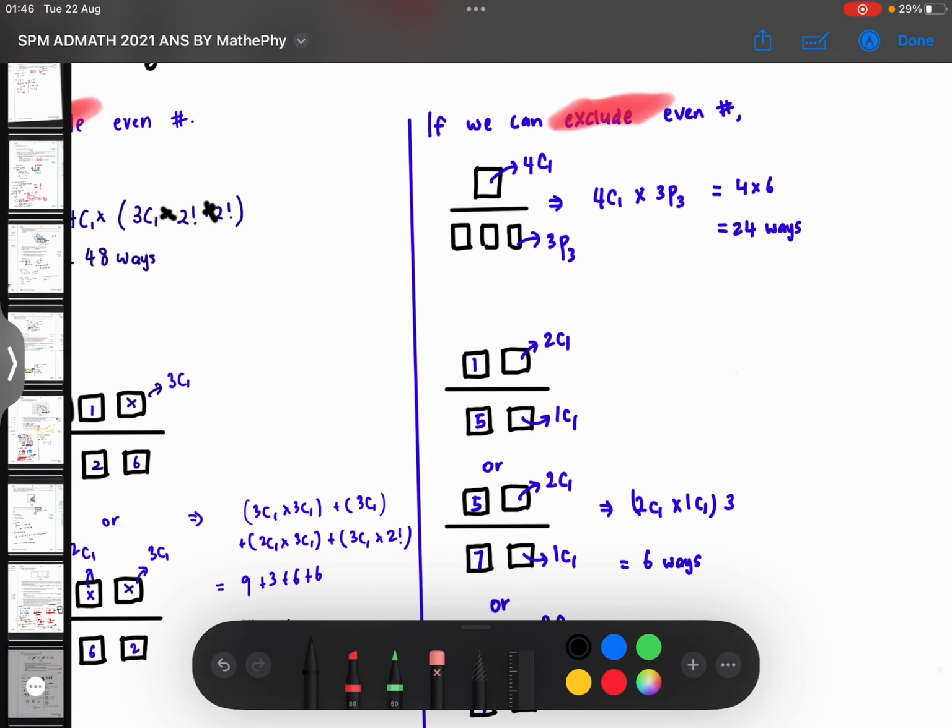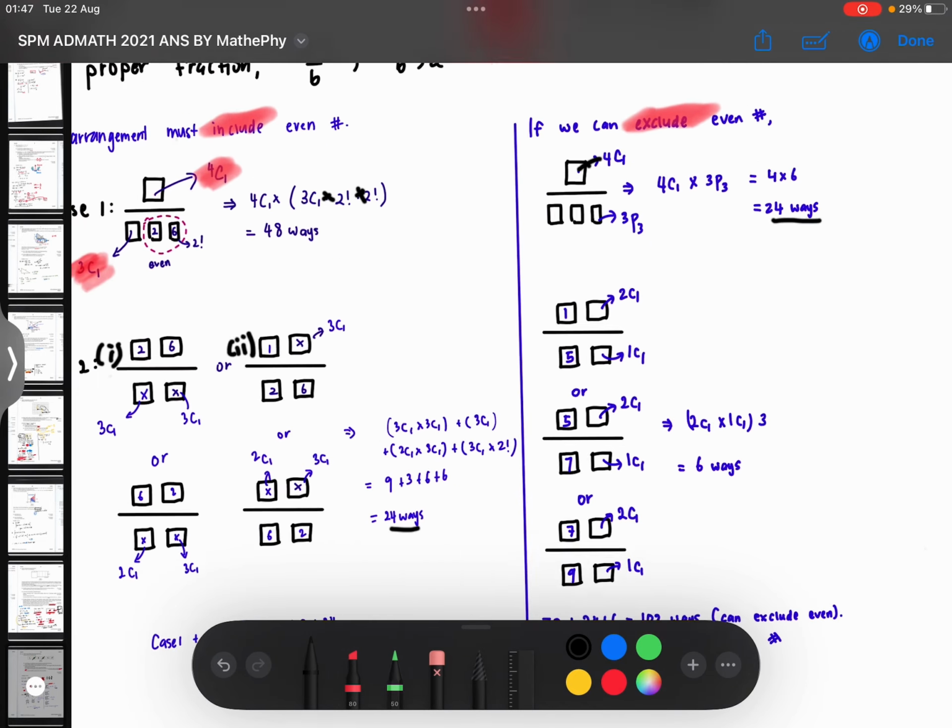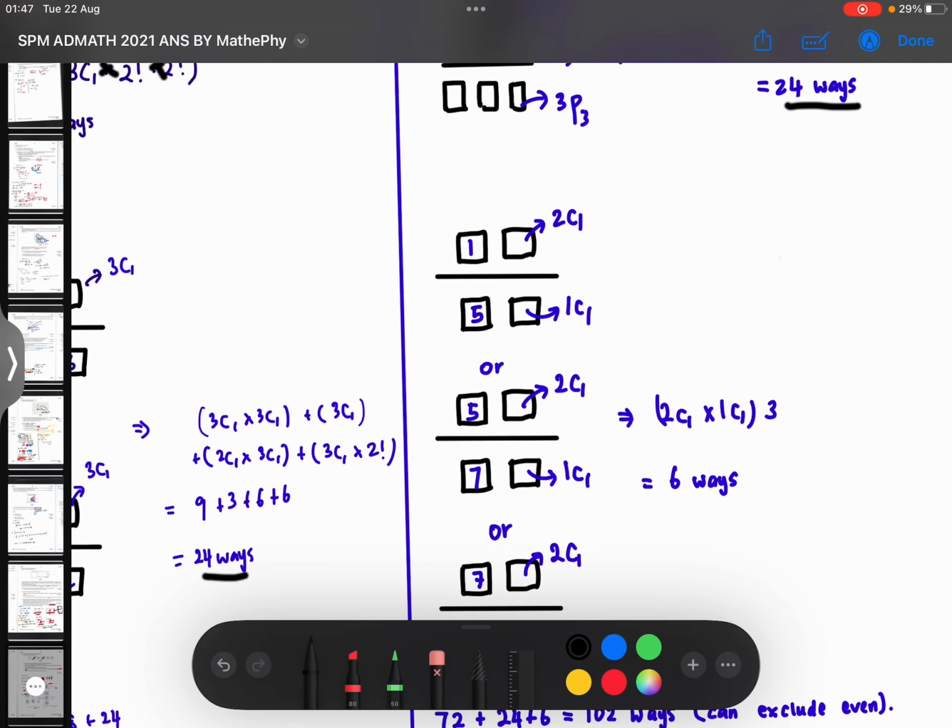We don't have an even number here, so we can choose 4, choose 1 for the numerator, and then for the denominator we use permutation because we can swap places between the numbers, so 3P3. We just multiply, and we get 24 ways. So this is okay for the first case.